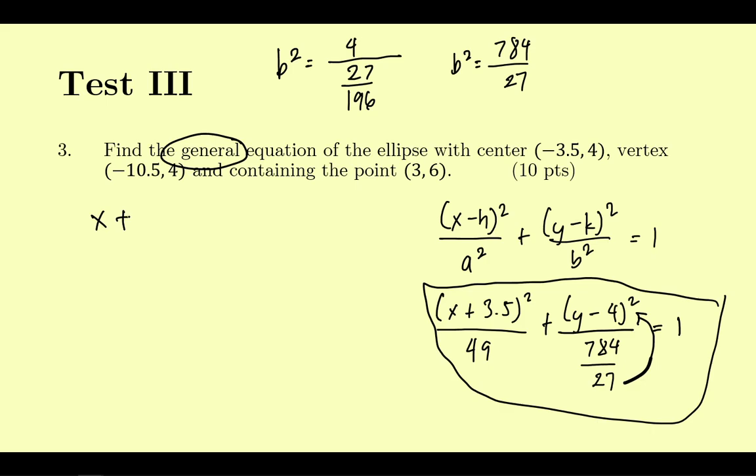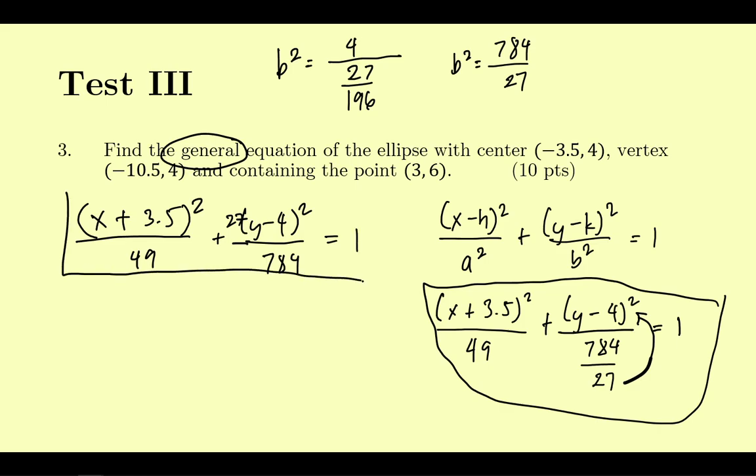Magiging x plus 3.5 squared over 49 plus 27 times y minus 4 squared all over 784. So, umakyat si 27. Nasa taas na siya. It's equal to 1. And that's the standard equation.